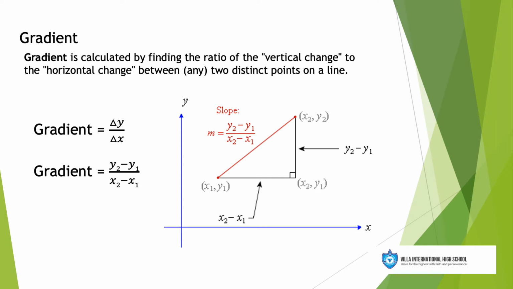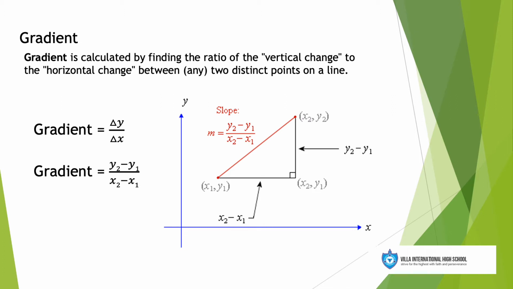Before going to graphical representation of motion, we have to know the basic idea about graphs. So first of all, the gradient. What is meant by gradient? Gradient represents how steep a graph is. The steepness of the graph is gradient.